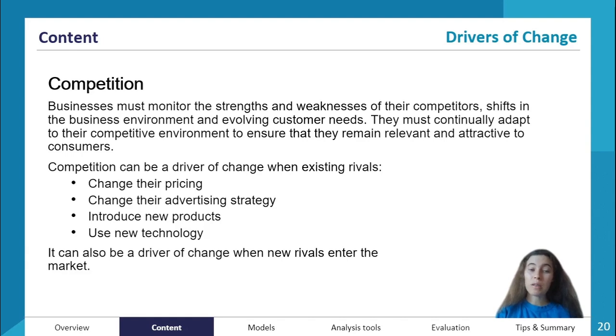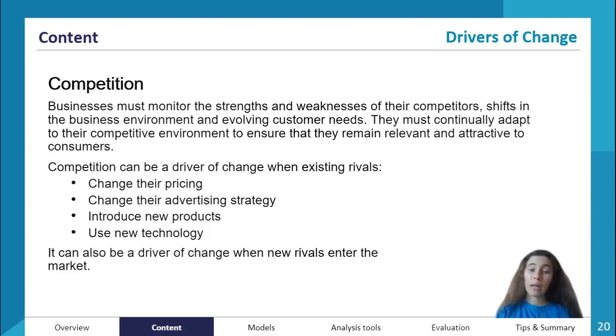So if businesses are doing those things, then their competitors are going to need to think about how that's going to change the overall market. If one business is reducing their pricing, then other businesses may need to follow in order to stay competitive and continue to attract their customers.